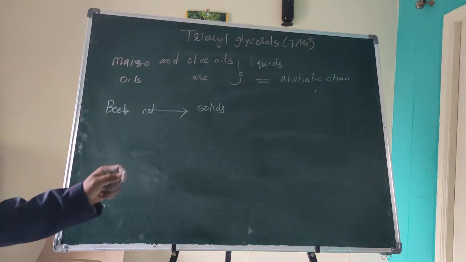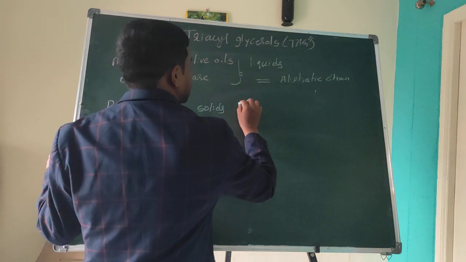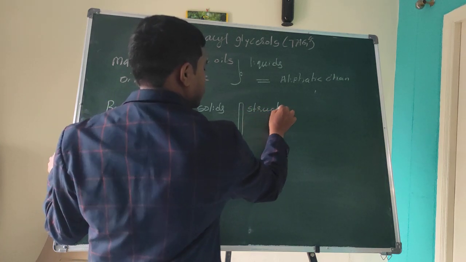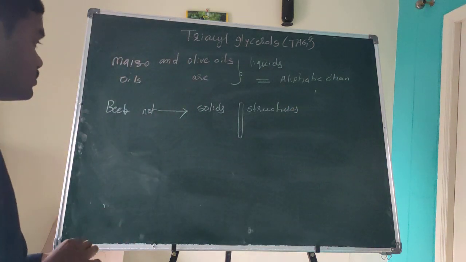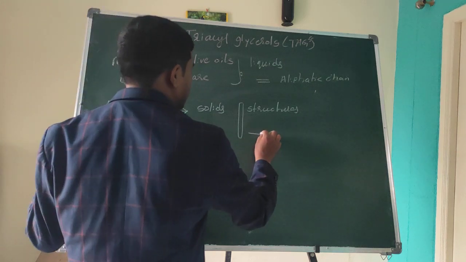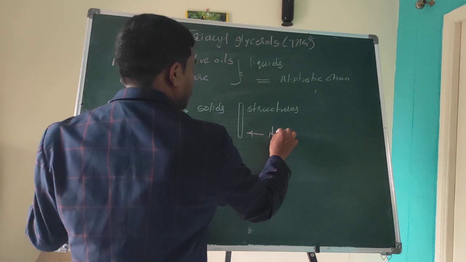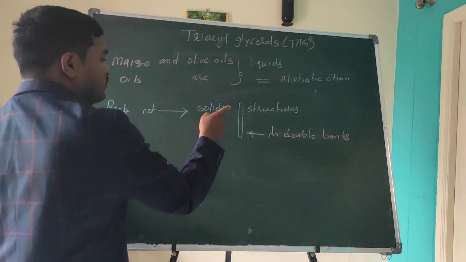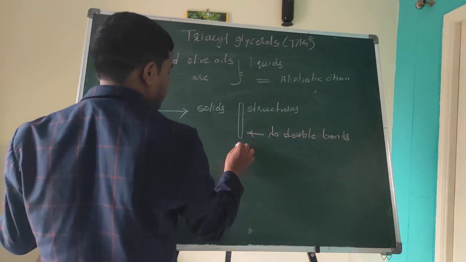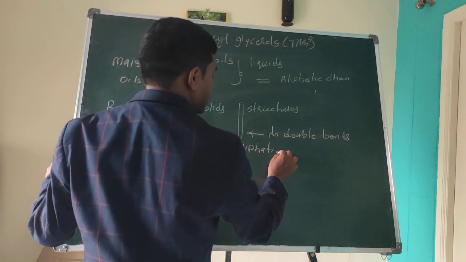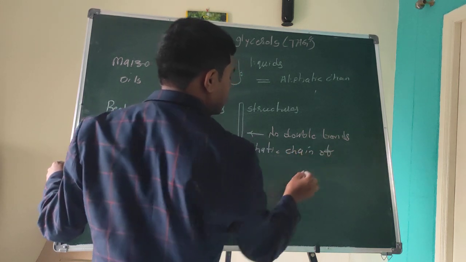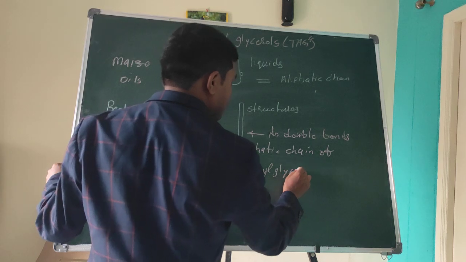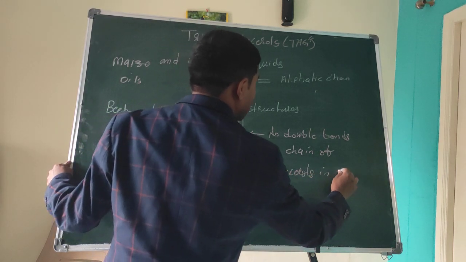Beef fats have solid-state like structures because there are no double bonds in the aliphatic chain of triacylglycerol in animal fats.